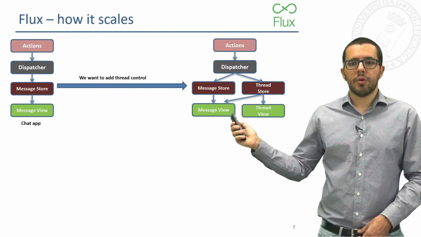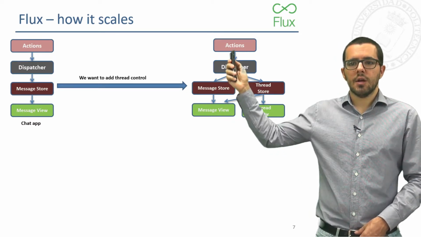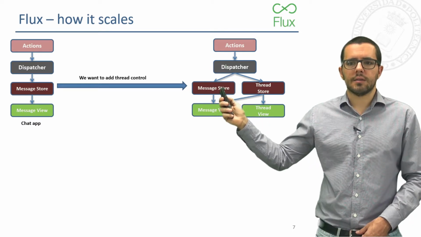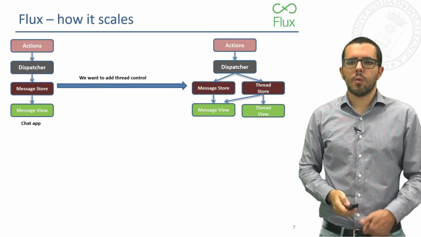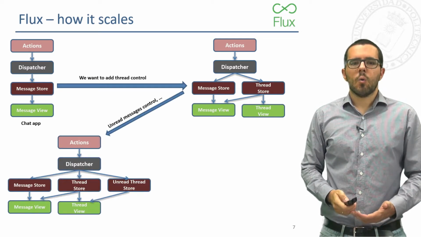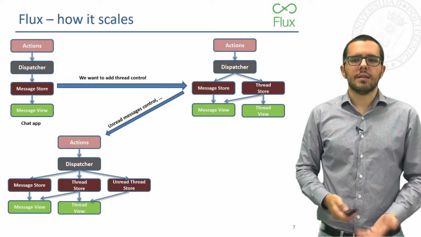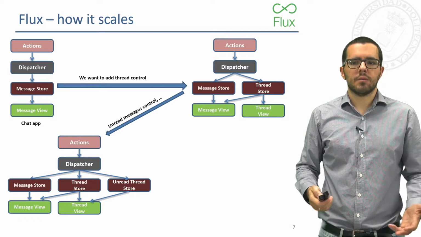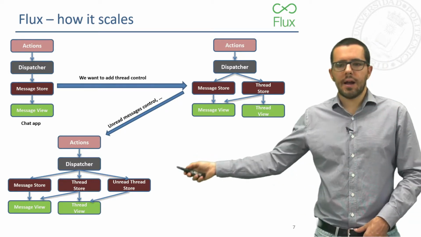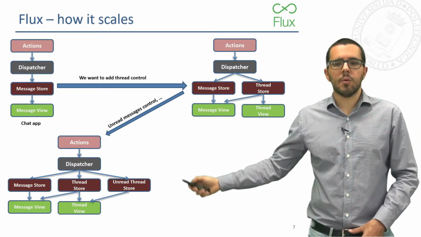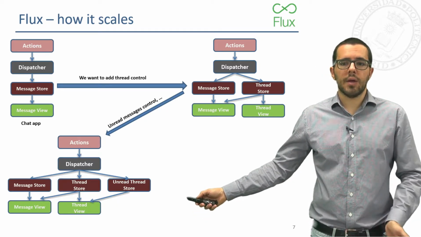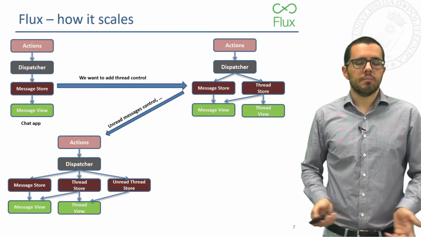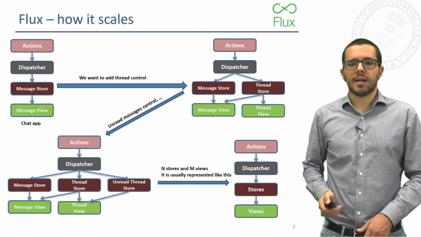Okay? Both of them will be able to emit actions that will get to the dispatcher and that will be attended or treated by any of the stores. And what happens if we now want to add new functionality about unread messages? For example, we add another new store, and maybe this time without a new view, because the unread thread will be in the thread view. Perfect. So this is how it scales.